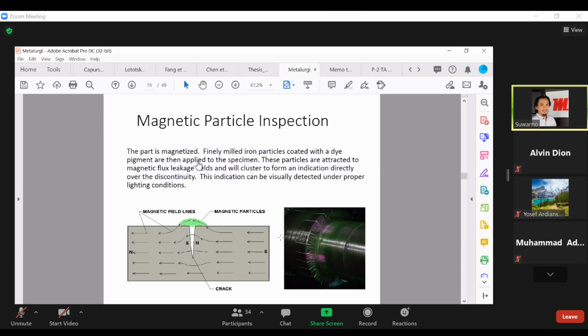So the third method, we call it magnetic particle. Basically, what we do is that you have a powder that is magnetized. You know, it's a kind of iron oxide. If you played in your childhood, you have a magnet and you throw it in the sand or in the ground in front of your house.